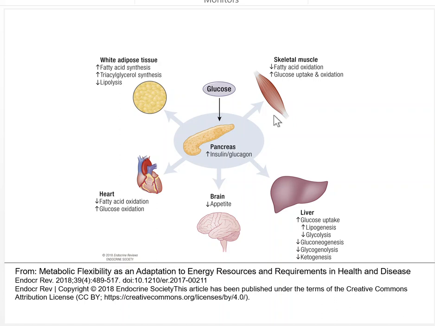What happens in skeletal muscle in the presence of glucose is we see increased glucose uptake and increased burning of glucose. This happens because insulin receptors come to the surface, insulin binds, which triggers something called GLUT4, which is a receptor on the plasma membrane, which pulls glucose out of the blood and puts it into cells.